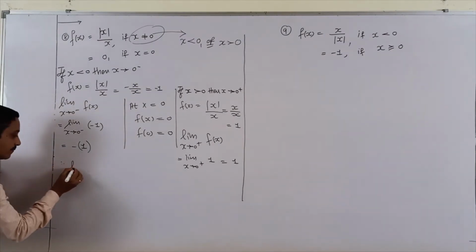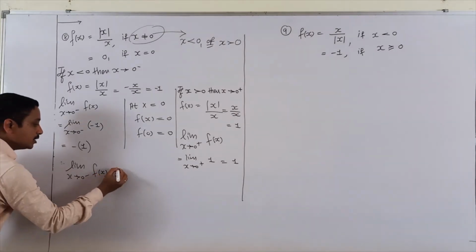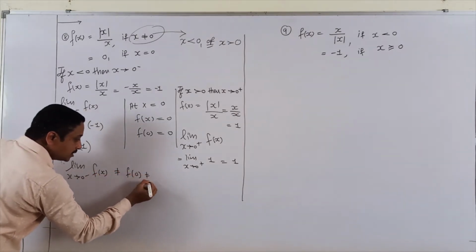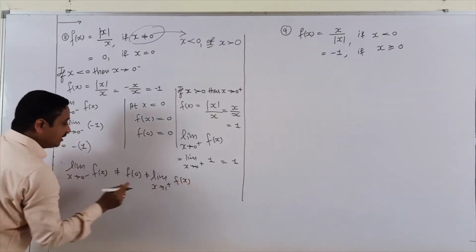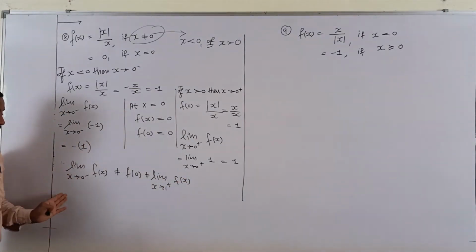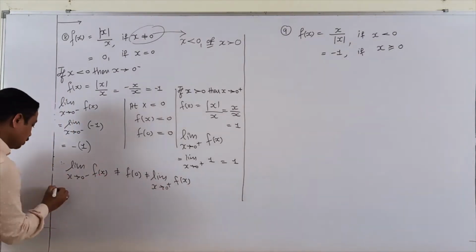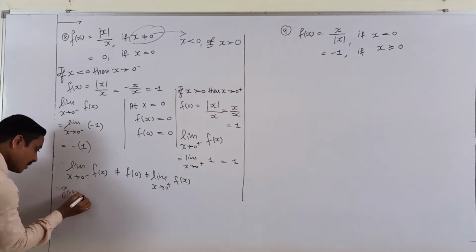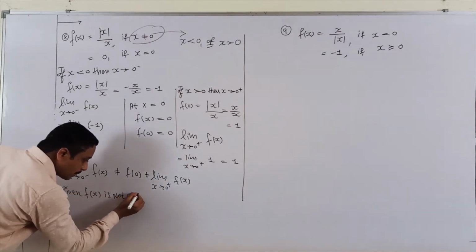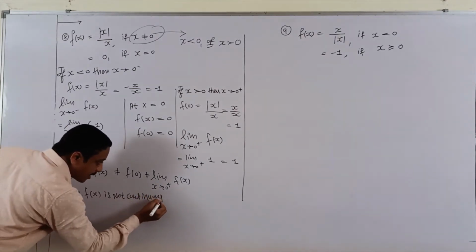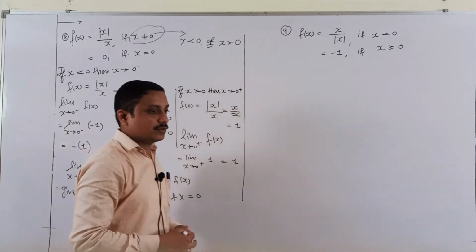No. That's why the limit as x tends to 0 negative of the function is not equal to f(0) and is not equal to the limit from the positive side. Finally, our numerical is done. So, the given f(x) is not continuous at x is equal to 0.